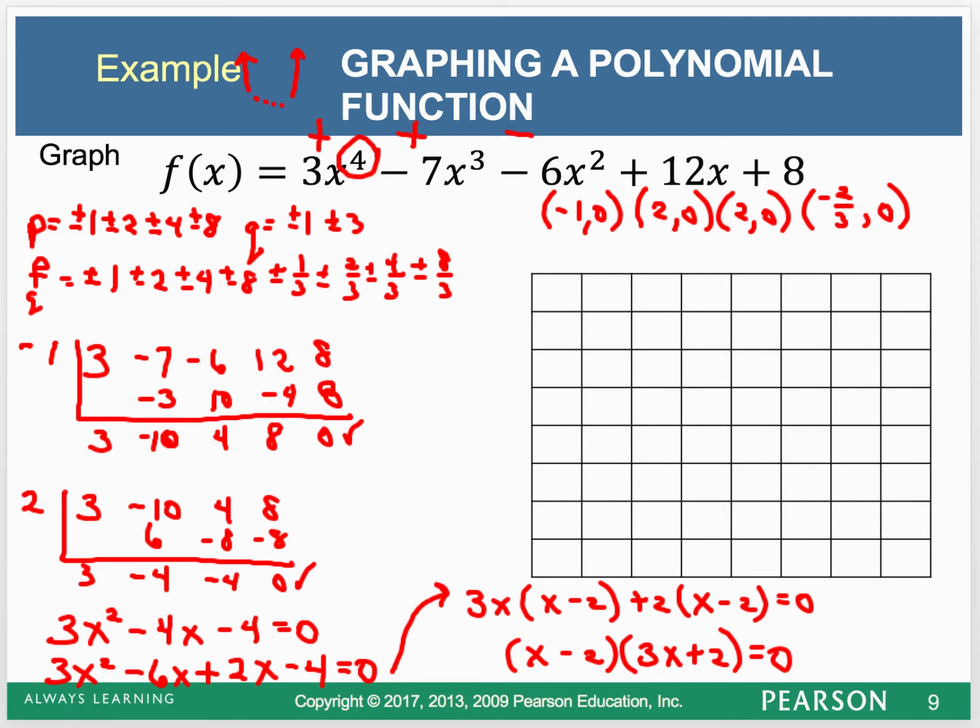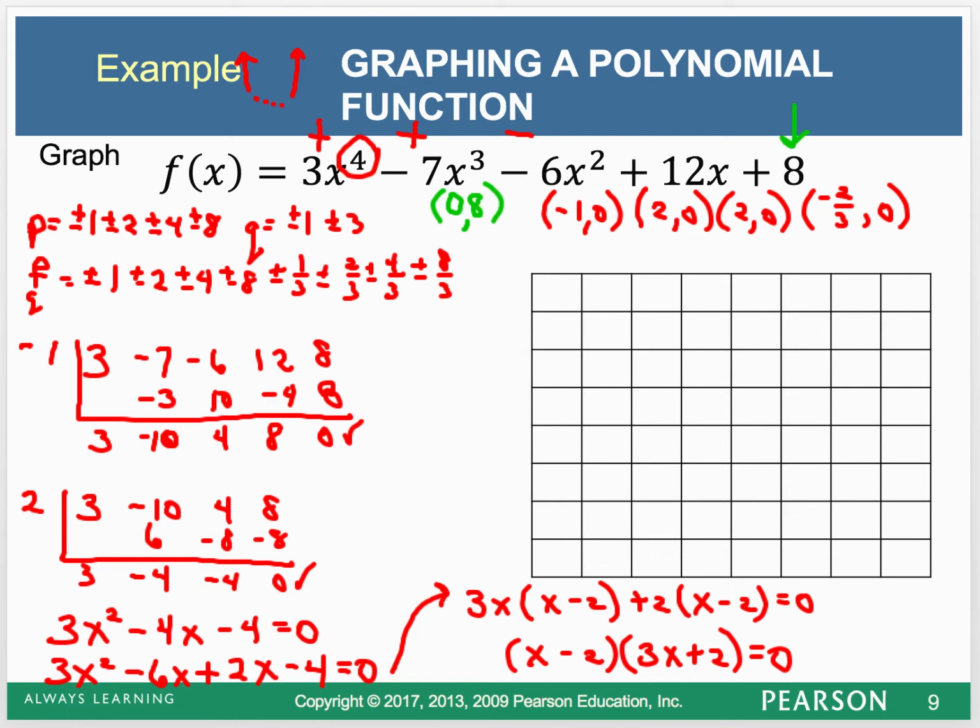Okay, and then let's just quickly look at our y-intercept. So I also have the point 0, 8. The 8 is our y.